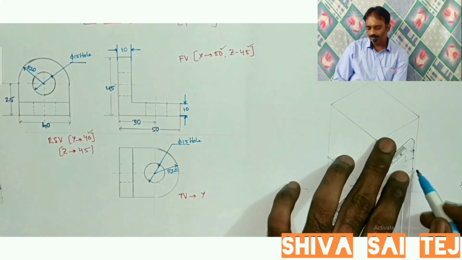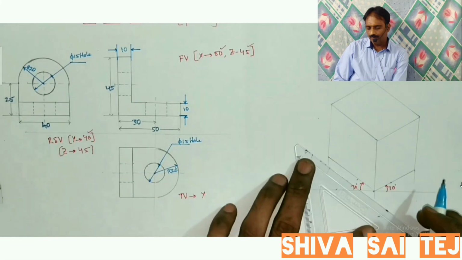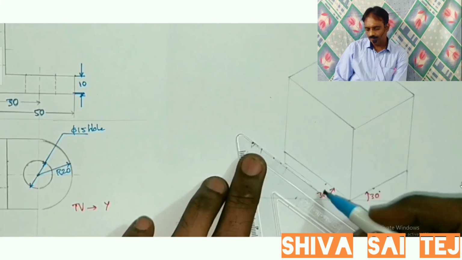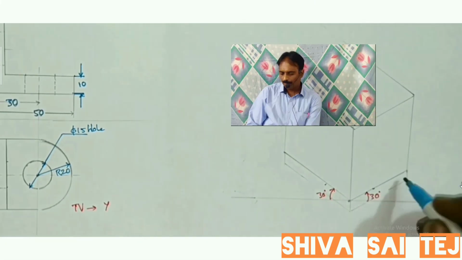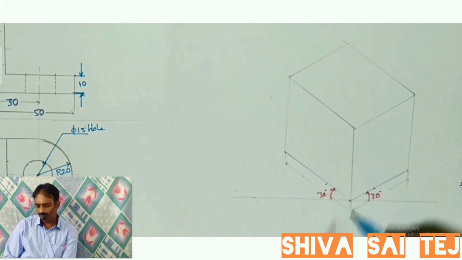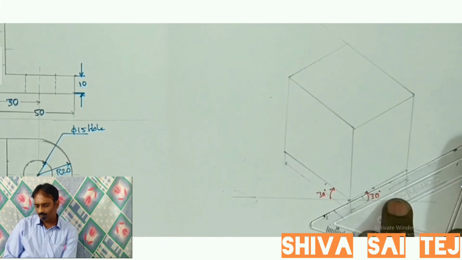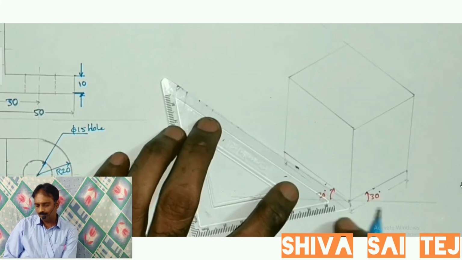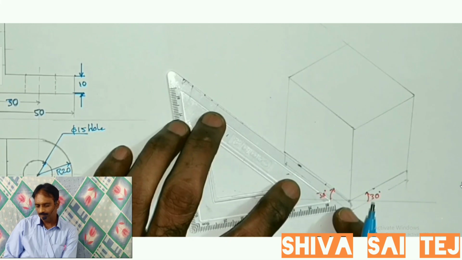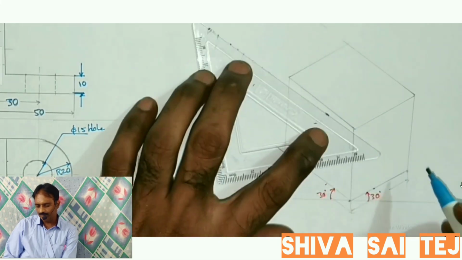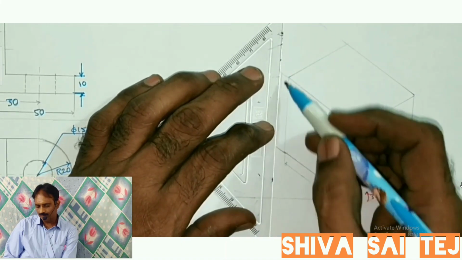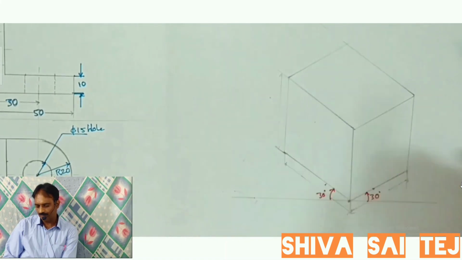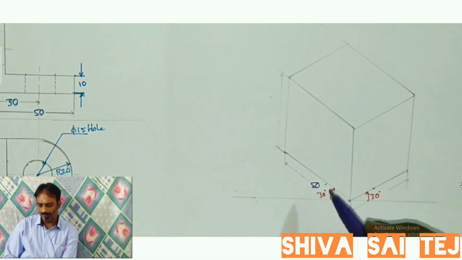Here we have to consider the front view in this direction because we are given the right side view. So this will be the z axis, that will be x, 50 units, z 45 and y as 40. This is the front view that we have to consider here.